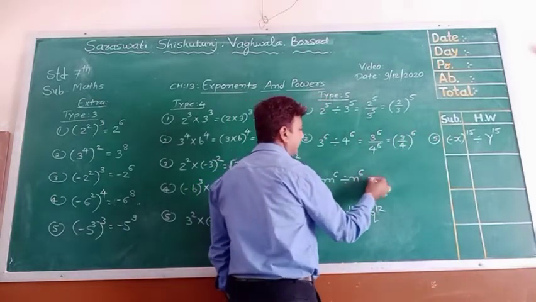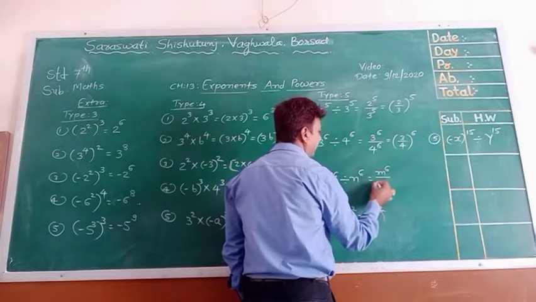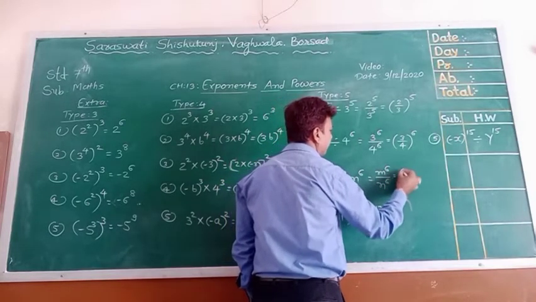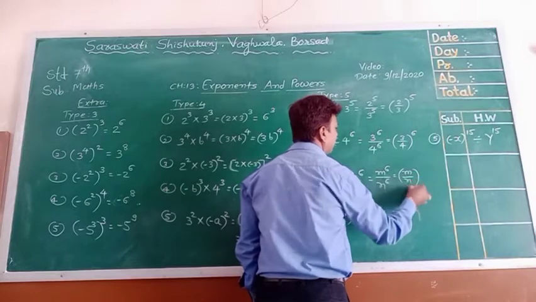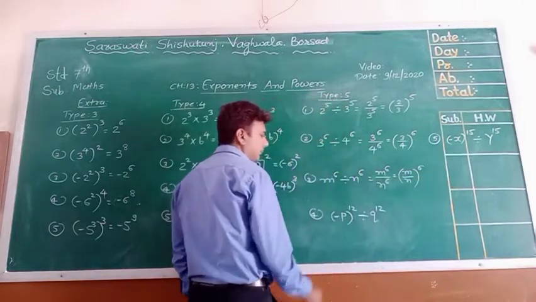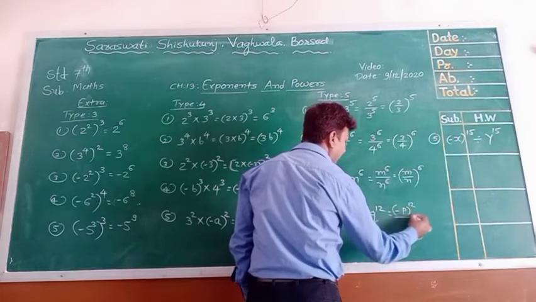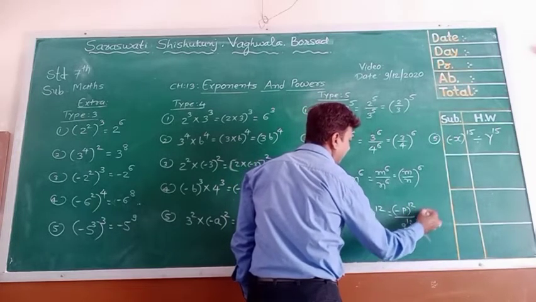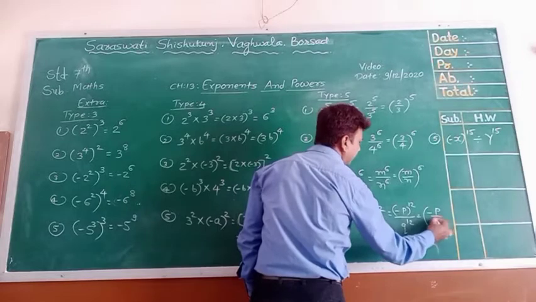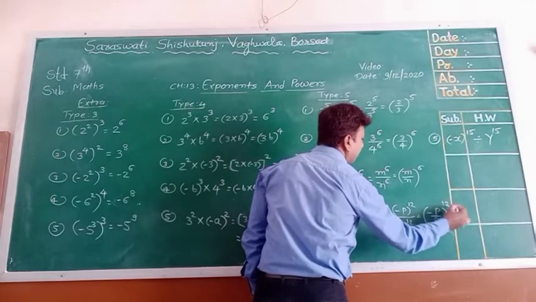n raised to 6 upon n raised to 6. Both have the same power, 6 is common. Minus p raised to 12 upon q raised to 12, same power, minus p upon q raised to 12.